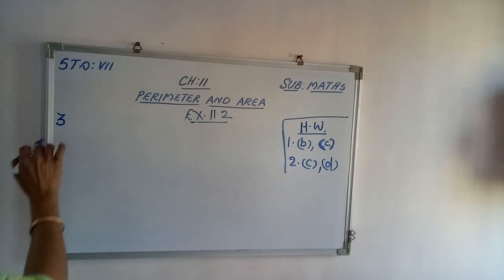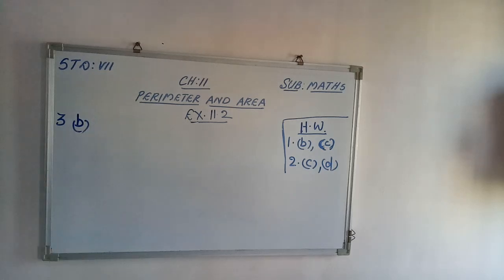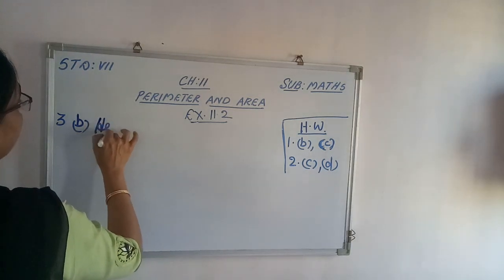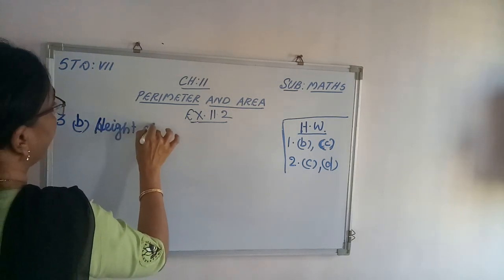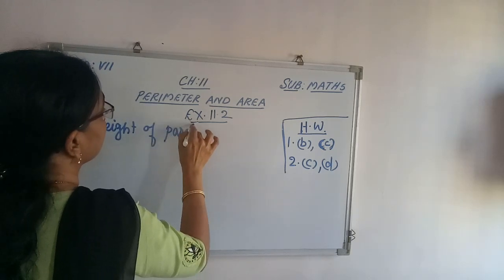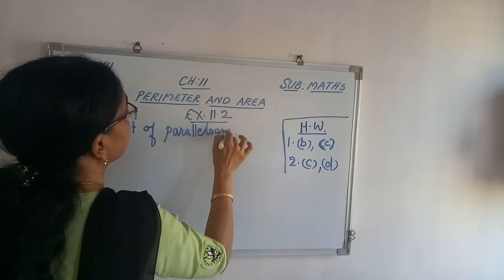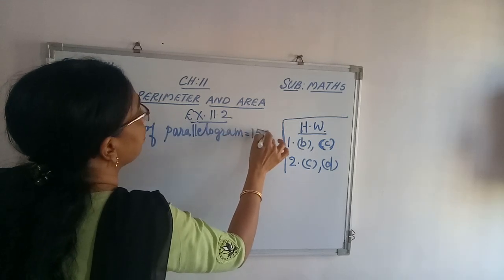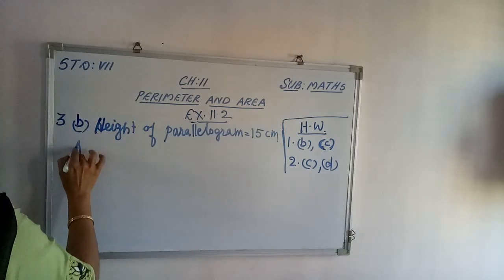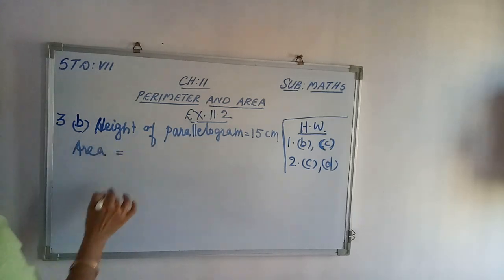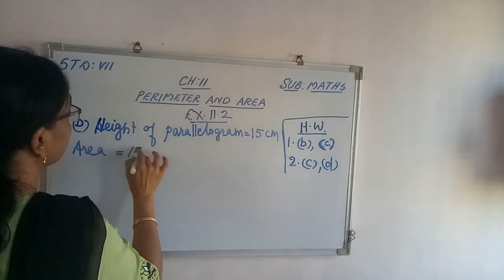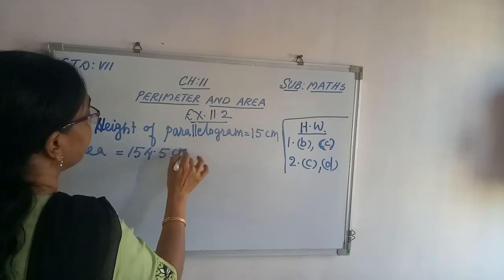Now question B. See the textbook, what is given in B? Height of parallelogram and area of parallelogram given. Height of parallelogram given as 15 centimeter. Then area given as, area of parallelogram is equal to 154.5 centimeter square.